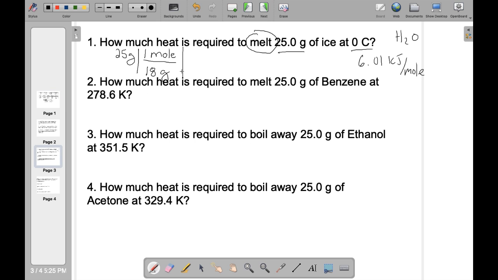Now, I know that I need 6.01 kilojoules of energy per mole. That's actually a conversion factor when I think about it. If I put 1 mole here, I know it looks kind of weird, but really it's 6.01 kilojoules over 1 mole. That's really what that's saying there.